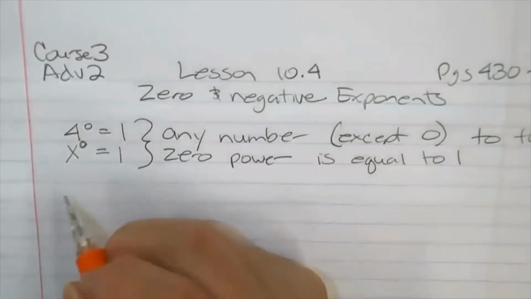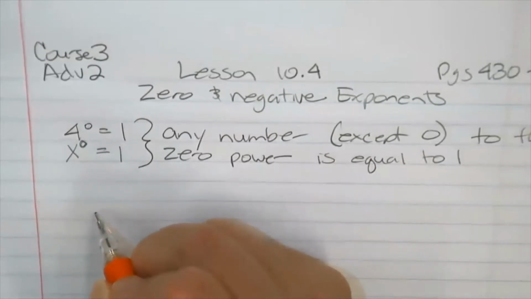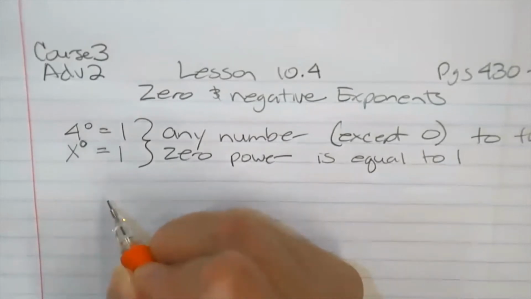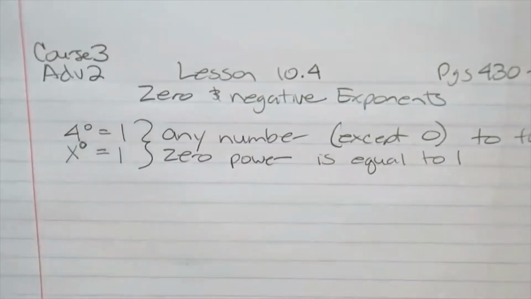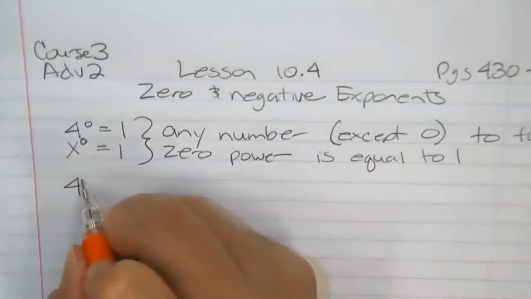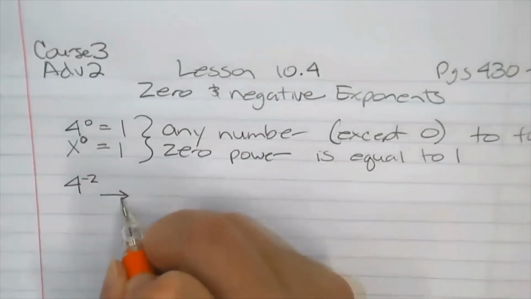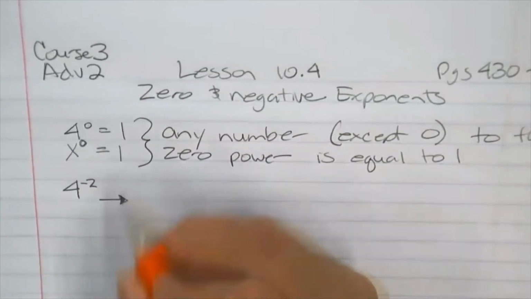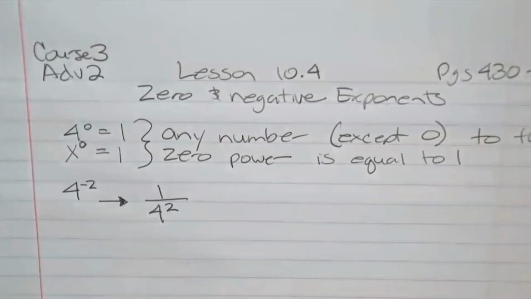And then yesterday we talked about how numbers in the denominator with an exponent, when you bring them up into the numerator, that exponent is negative, right? Today we're kind of doing the opposite. Today we have a number with a negative exponent, and when we have a number with a negative exponent, it belongs in the denominator.